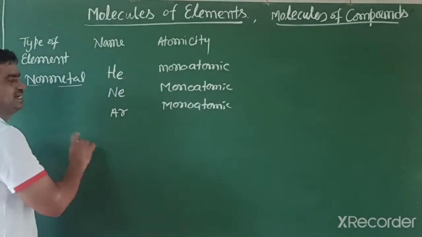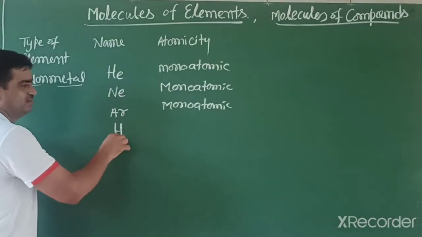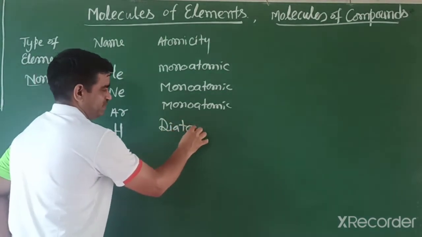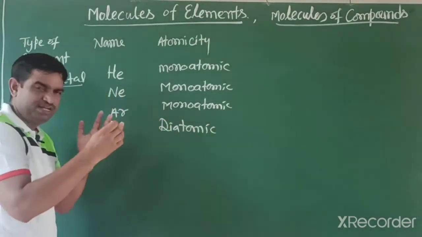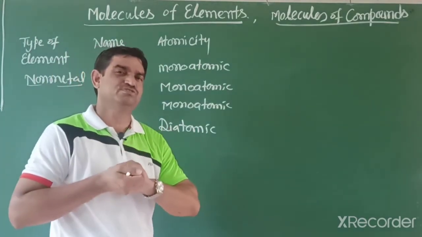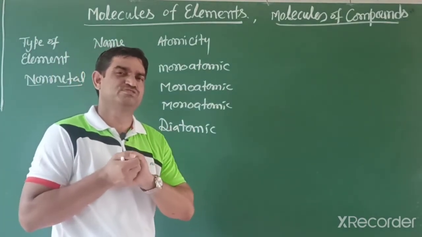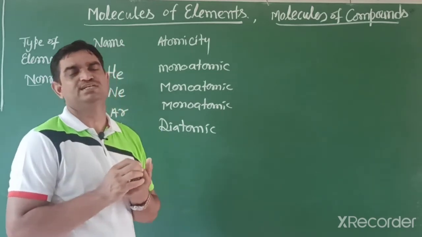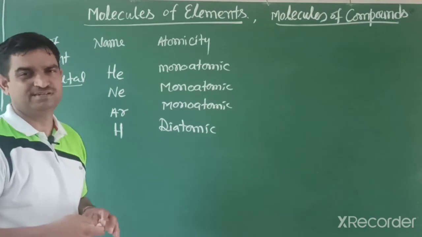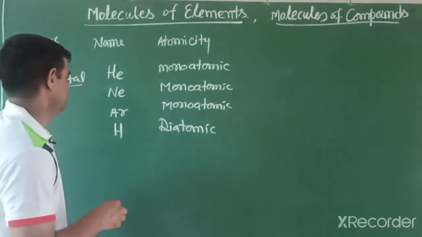We can explain diatomic like hydrogen. Hydrogen, students, is found as diatomic. The different atoms combine because there is a binding force to attract between the two atoms, known as covalent bond, ionic bond, we will discuss in 10th class or 11th class.